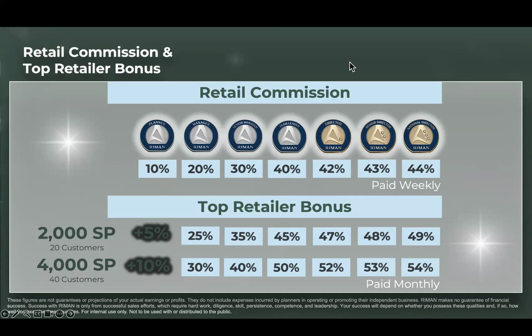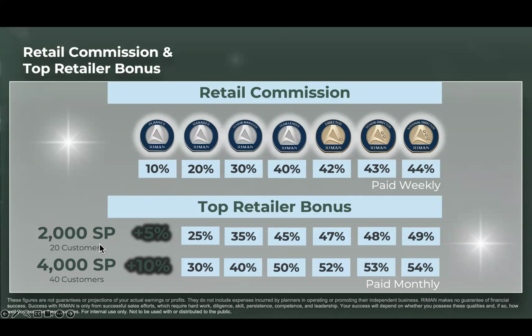Now, as you do these activities over time, what Riman is betting on is if you are consistent, the likelihood of you acquiring more and more customers along the way is highly likely, right? So they're saying if you don't leave any money on the table and as you build your clientele, if you can do on a monthly basis 2,000 SP in sales and 20 lifetime customers.